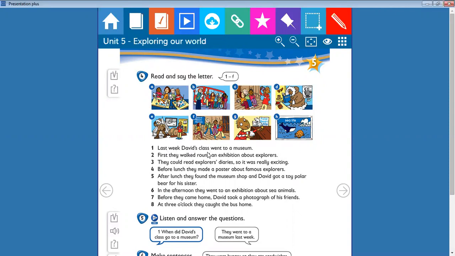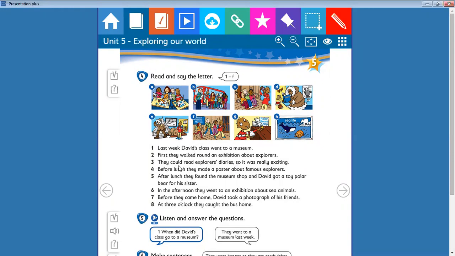Last week, David's class went to a museum. So here we are in the last week, we are in the past. So this is the past. David's class went to a museum. Okay. 2. First, they walked around an exhibition about explorers.